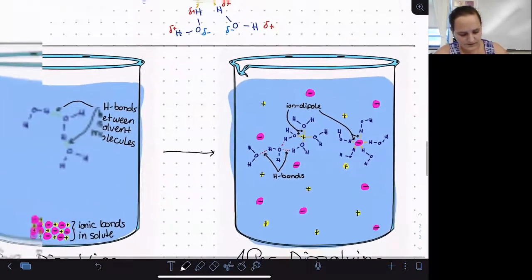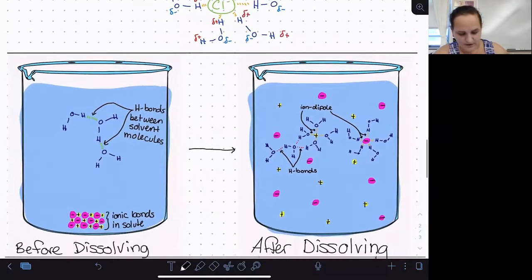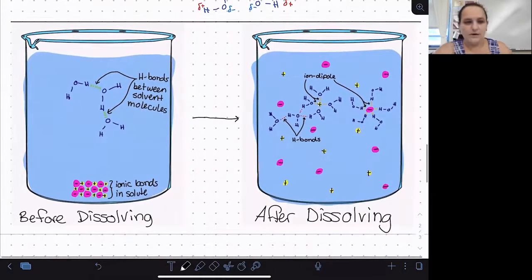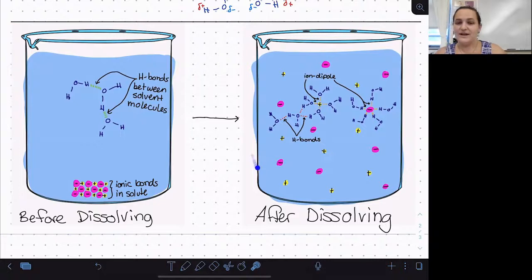So this gives us a pretty good idea of what's going on when the solute and solvent are still separate before anything has dissolved versus what does it look like afterwards.